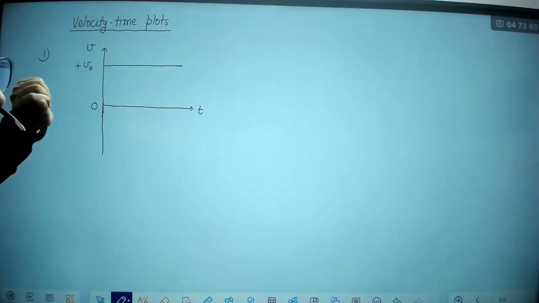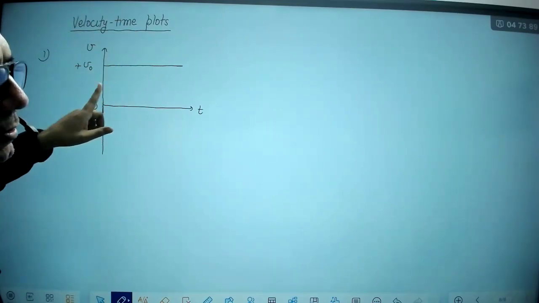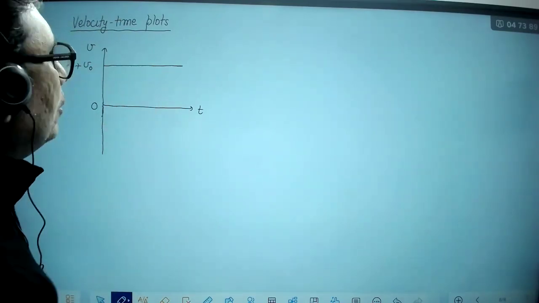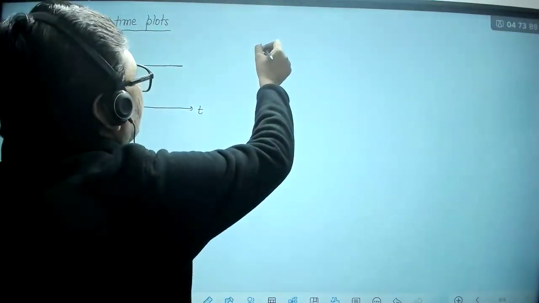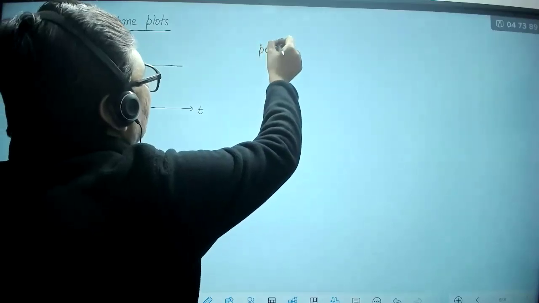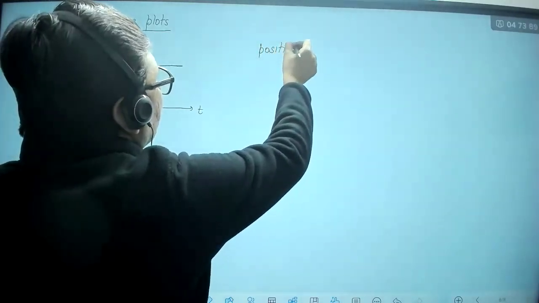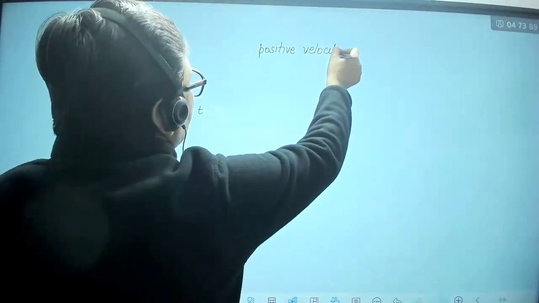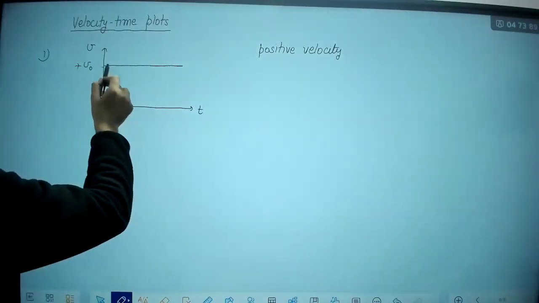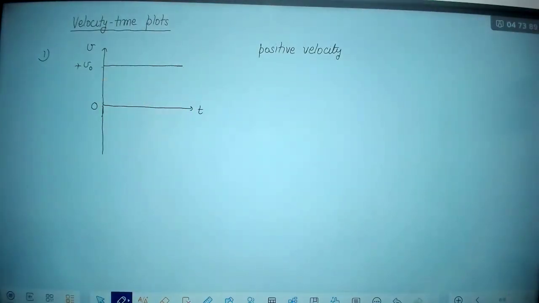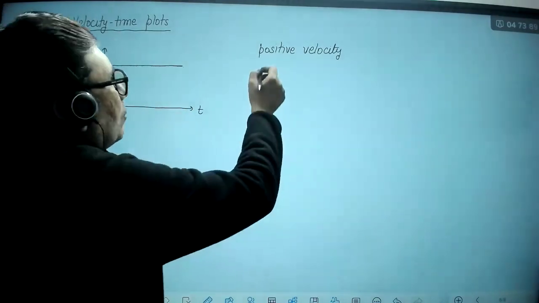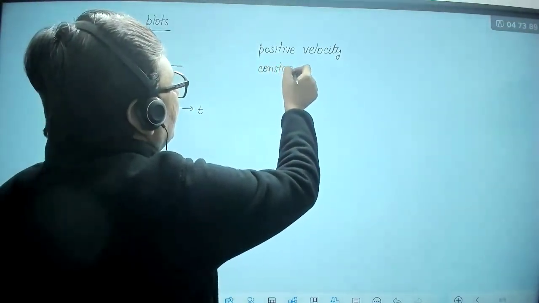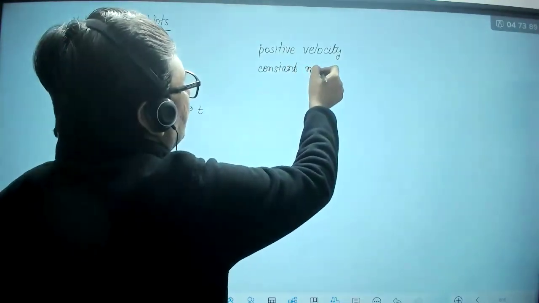So this is a positive velocity. The particle is moving in the plus x cap direction. That's why this is positive. So the first conclusion is positive velocity. Second, this is a constant velocity. V naught is constant, constant magnitude, you can say.